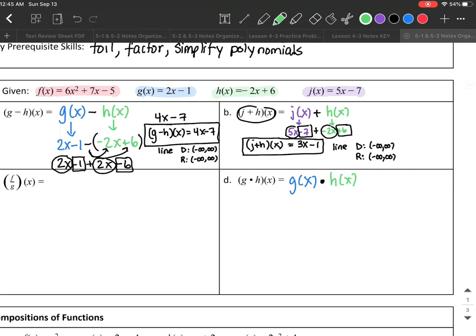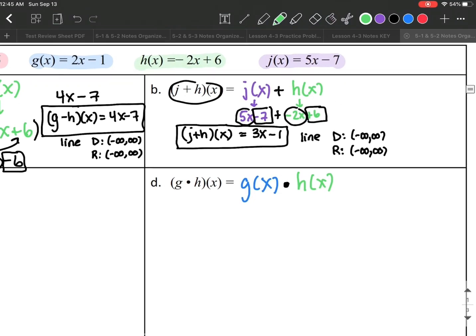Now I know g of x is 2x minus 1. And we're going to want to put both of these things in parentheses because they're expressions. So 2x minus 1, and we're multiplying by negative 2x plus 6, because h of x is negative 2x plus 6.